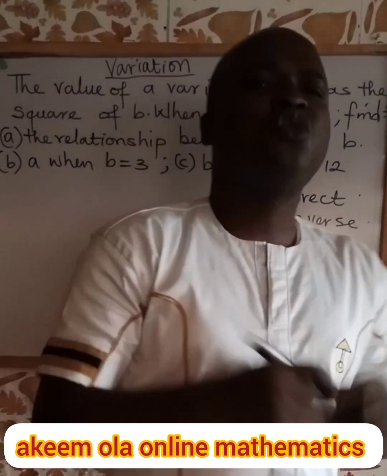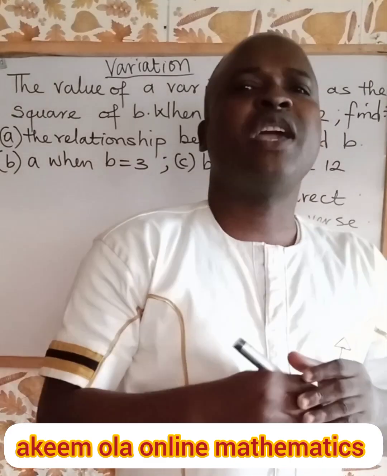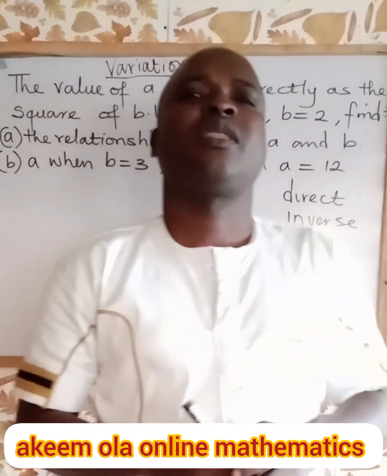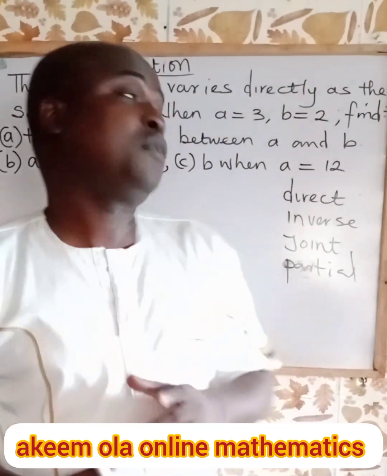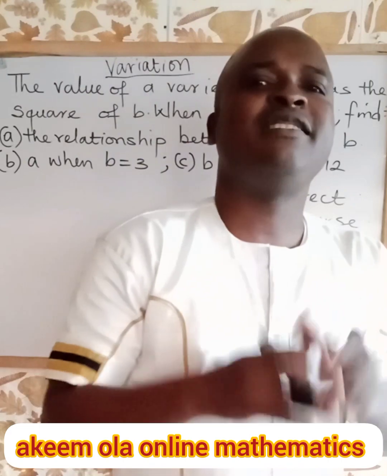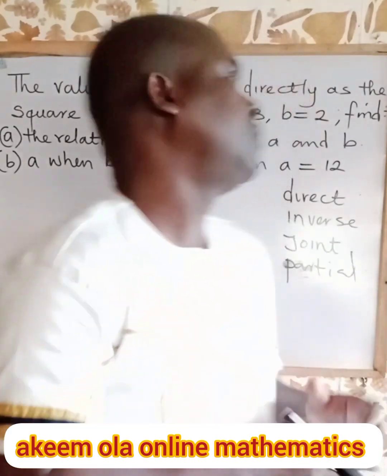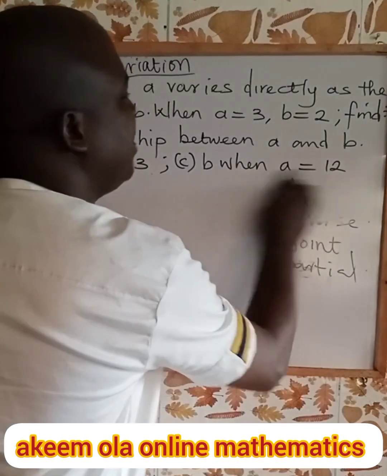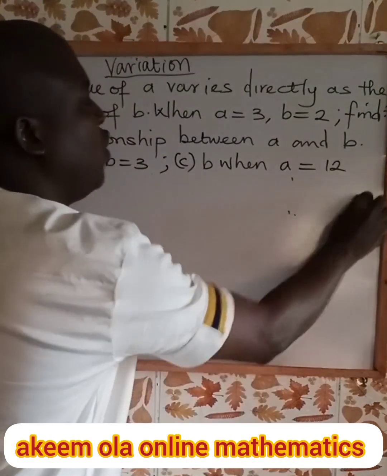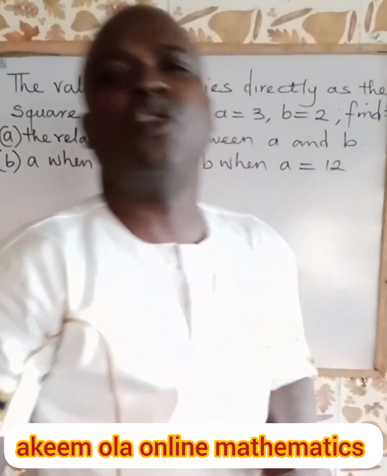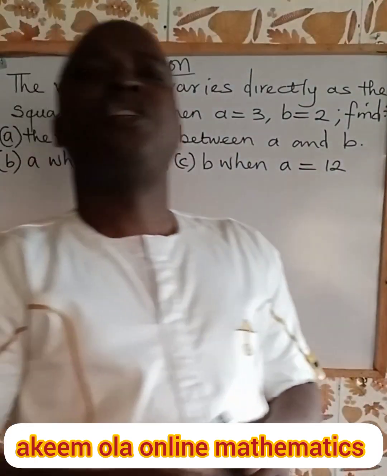What we are going to do is take an example on each of them, one after the other. As far as today is concerned, the example we are going to consider will be on direct variation, and that is what the question on the board is all about.